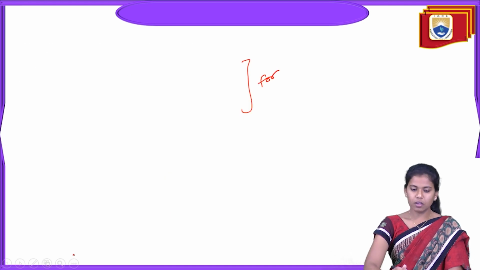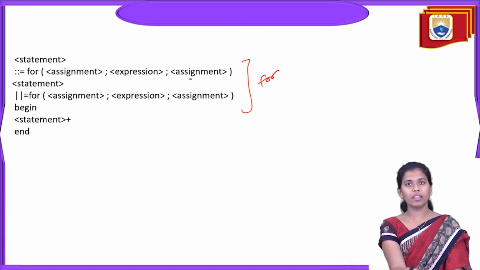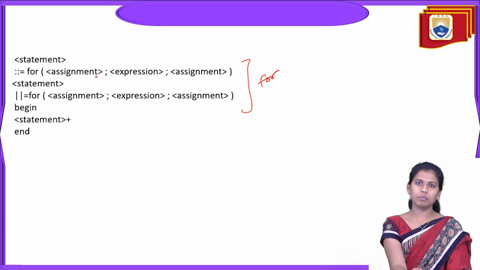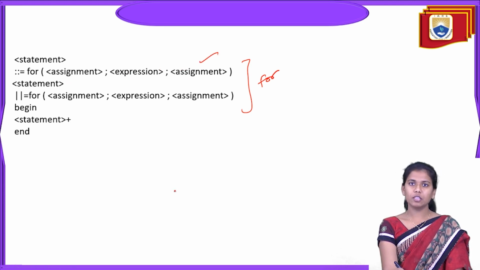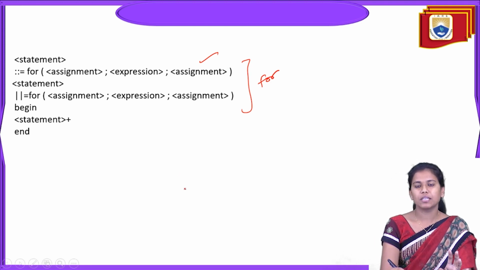And here goes the for, with the assignment, the expression, and then another assignment. So what is this assignment? In the previous class we discussed this. Dumping some value into a variable is nothing but an assignment.